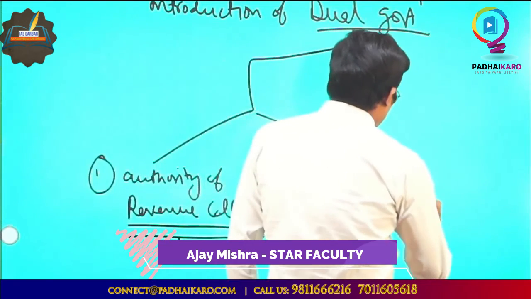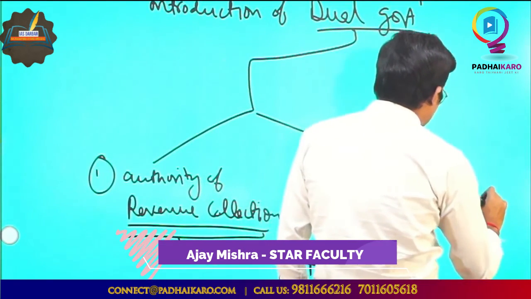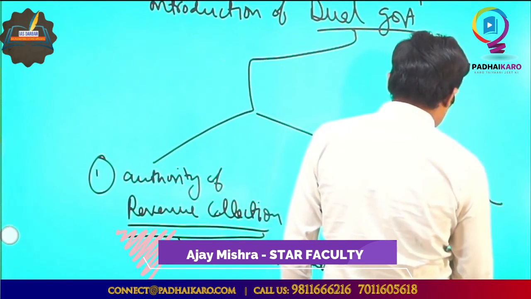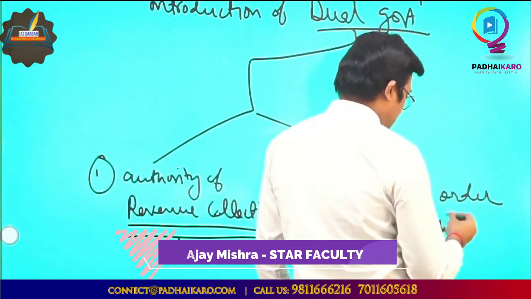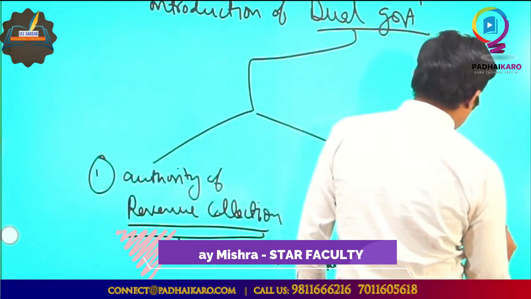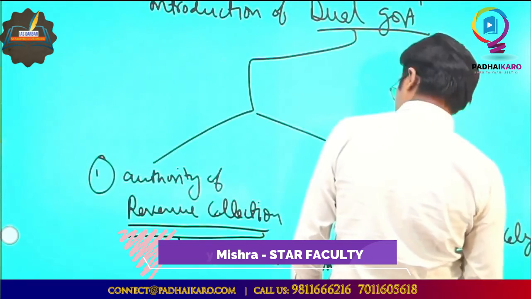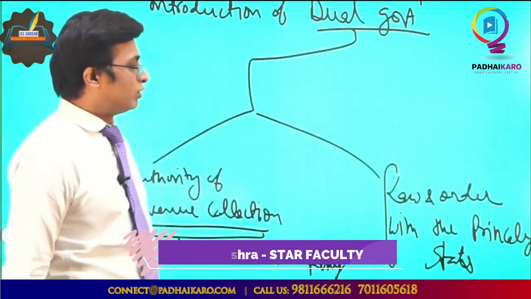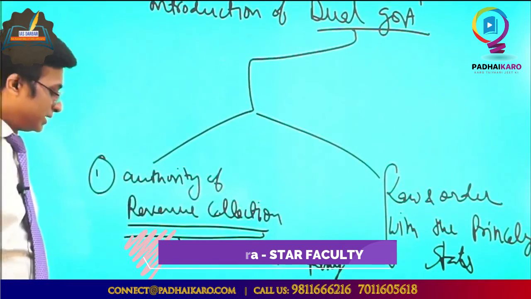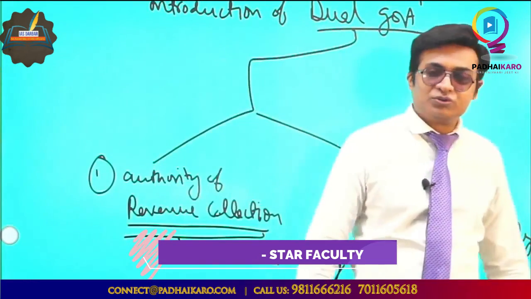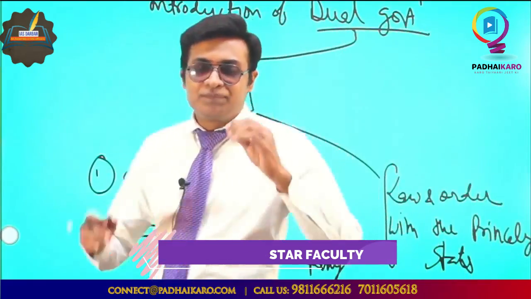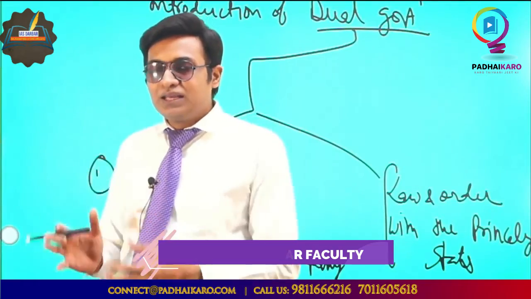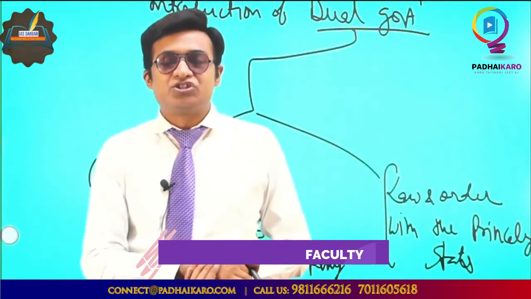And law and order was with the rulers, the princely states. So princely states got the authority of law and order, while the British got the authority to collect revenues. It is like in your family, one person gets the right to have the entire money, and another person controls the administration of the family.